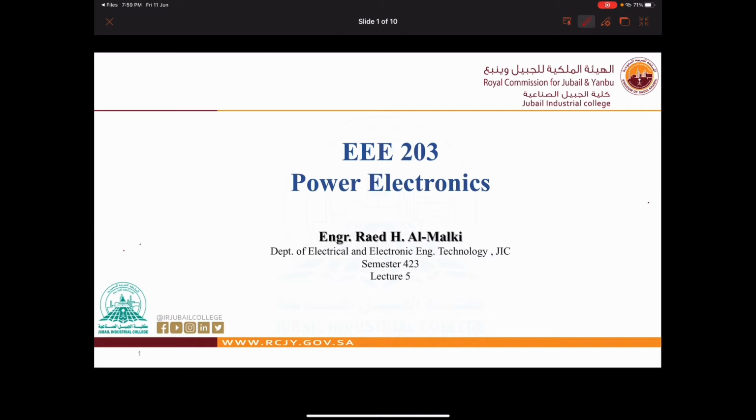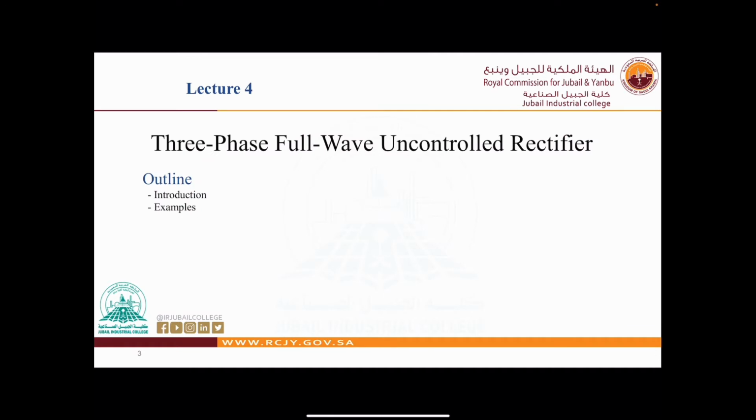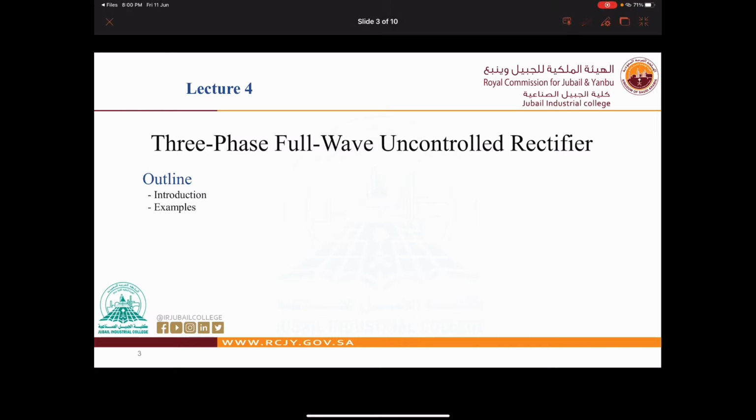Now, lecture number 5 is talking about the three-phase, full-wave, uncontrolled rectifier. Again, I'm going to explain this title for you. As you can see here, we are talking about rectifier, and this is the last topic for the uncontrolled rectifier.